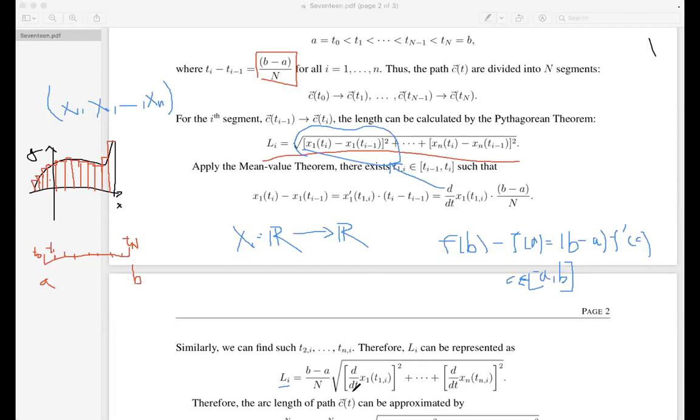The length of the ith segment is just equal to (b minus a) over n times the square root of the derivative, for example in x1, the derivative at some point between ti minus 1 and ti, and then square, plus all the way to some number between ti minus 1 and ti at the derivative of xn with regard to t, and then square. All right.